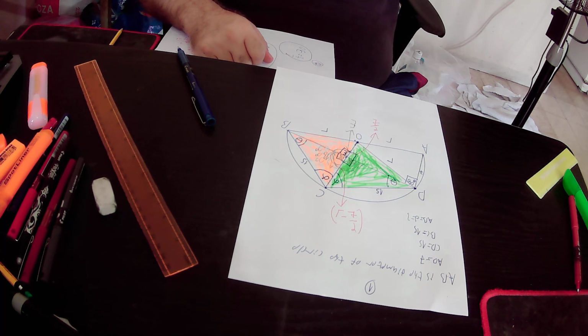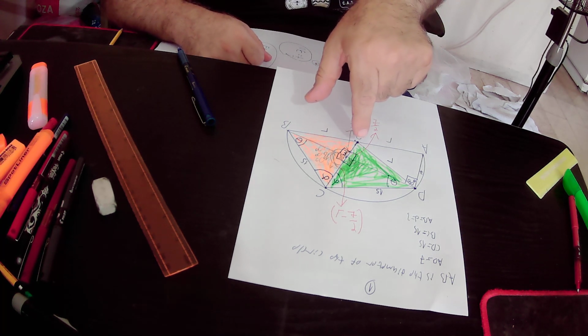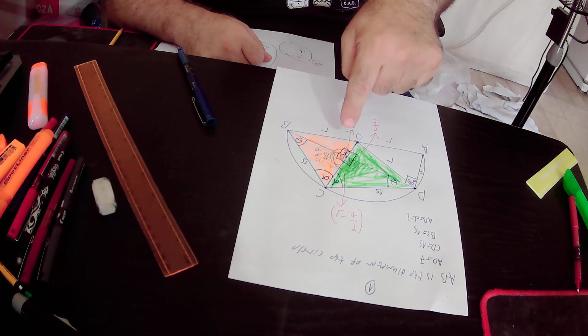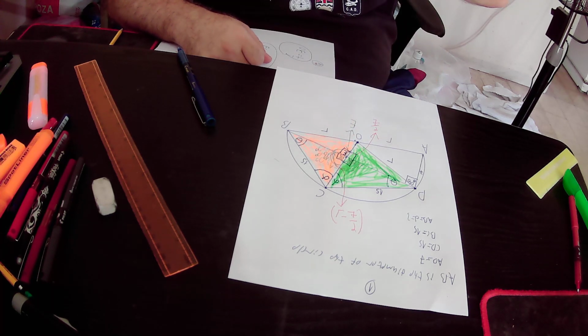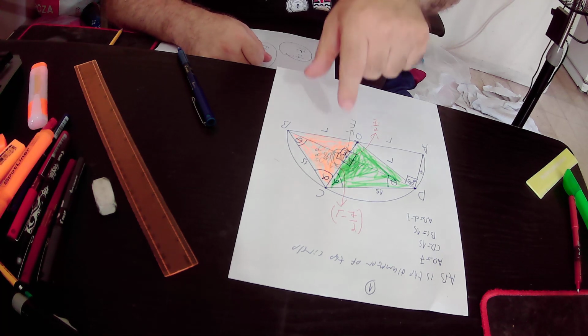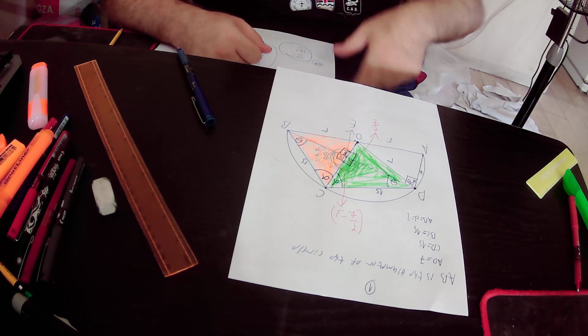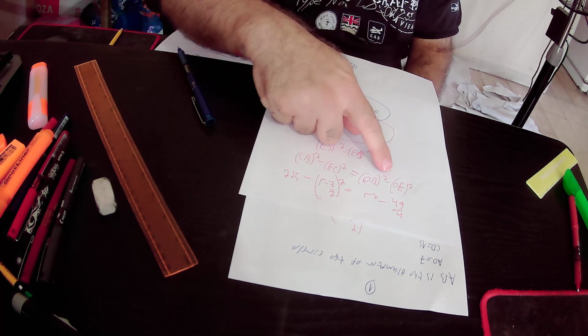And EB square, relating to the right triangle OEB, equals OB square minus OE square.